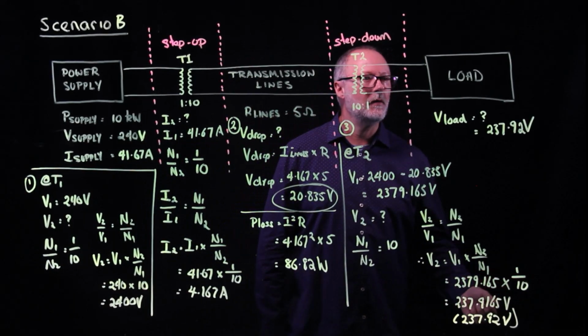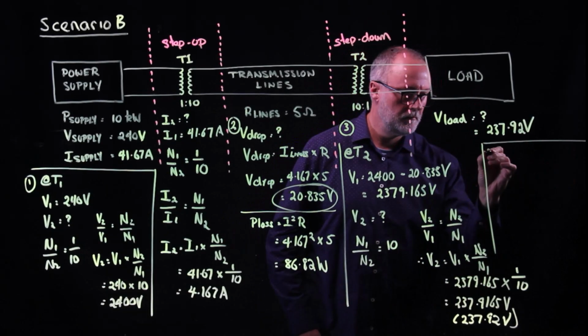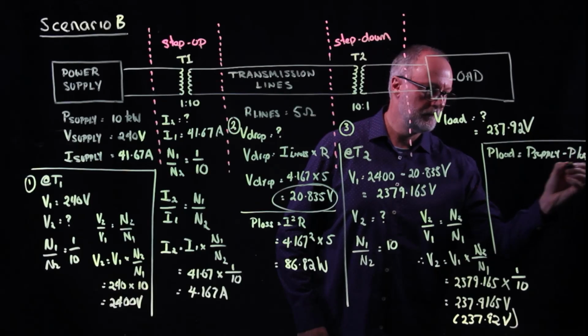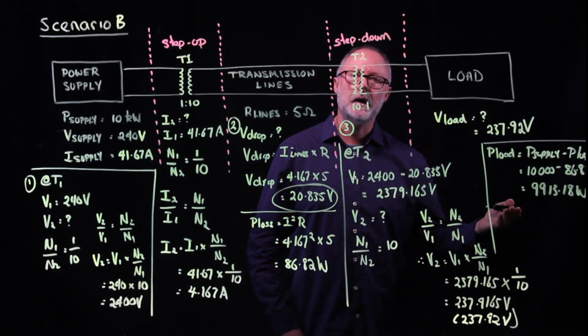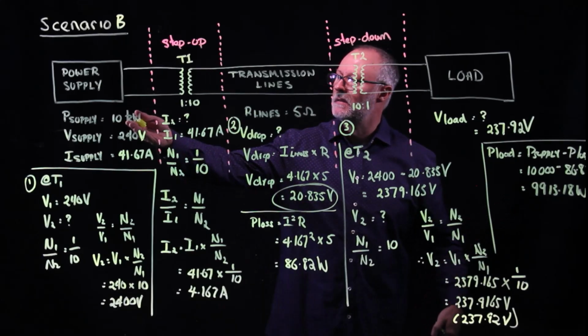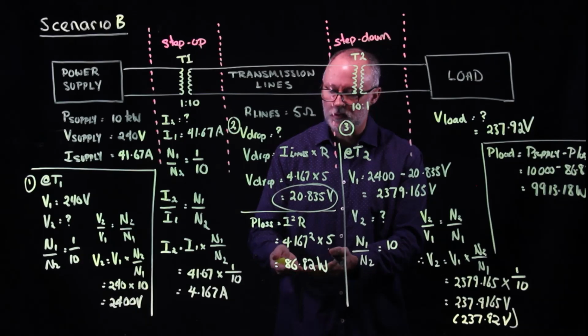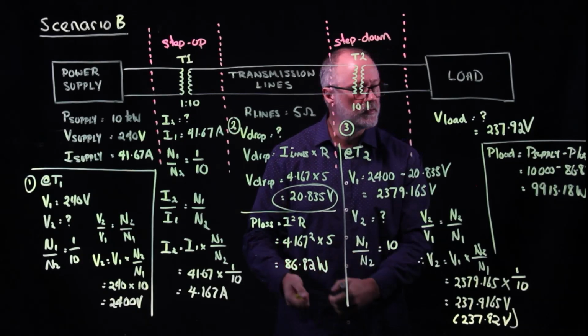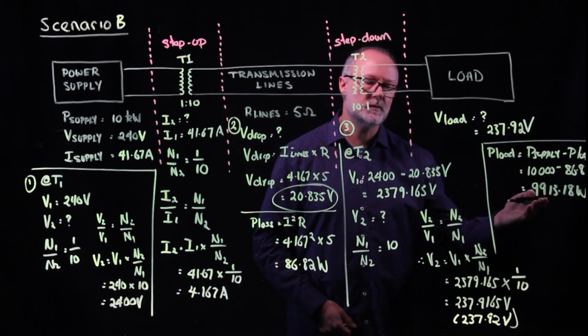Finally, we're asked to work out what is the power that reaches the load. So the power that reaches the load is our 10,000 watts at the start, our 10 kilowatts, minus the power loss in the transmission lines of 86.82 watts, which gives us a load power of 9,913.18 watts.